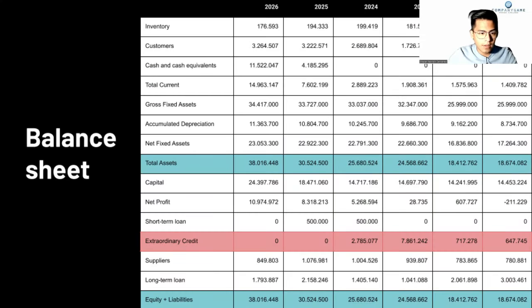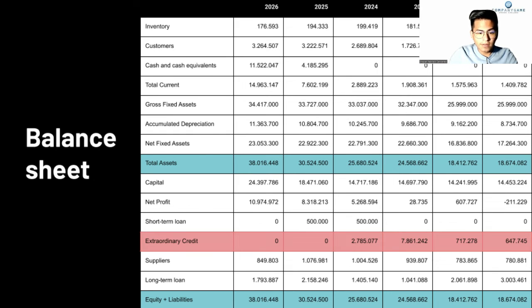Finance decision. In the balance sheet of the company MyWater, we can see that due to the early opening of a new factory, working capital and extraordinary credit were generated because it did not have the liquidity to meet the investment.